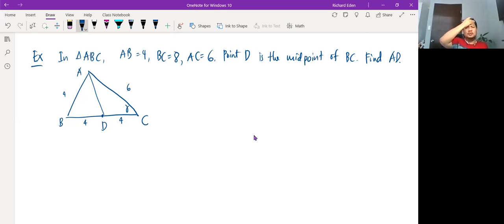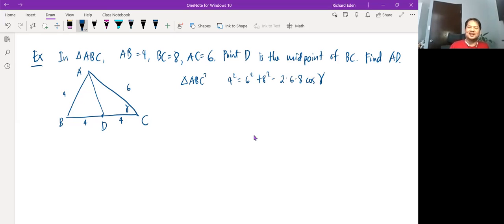Okay, so what you did earlier, let's use gamma this time. How would you do it? Cosine law, from the big triangle. 4 squared equals 6 squared plus 8 squared minus 2 times 6 times 8 times cosine gamma. This would have been a good thing to give you to do at home.